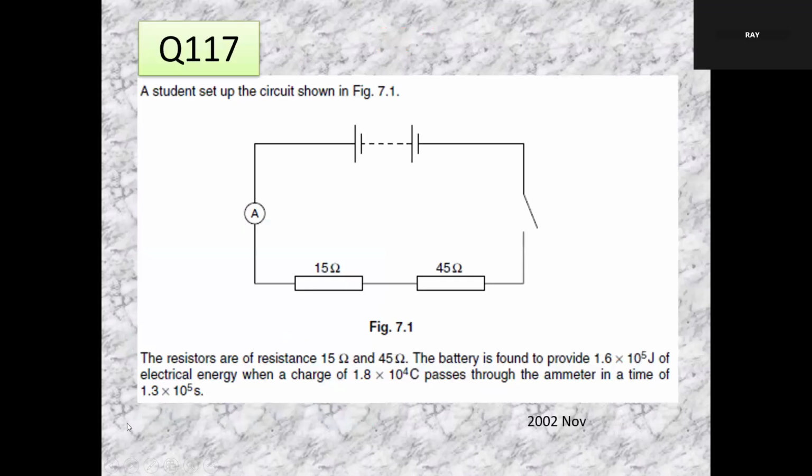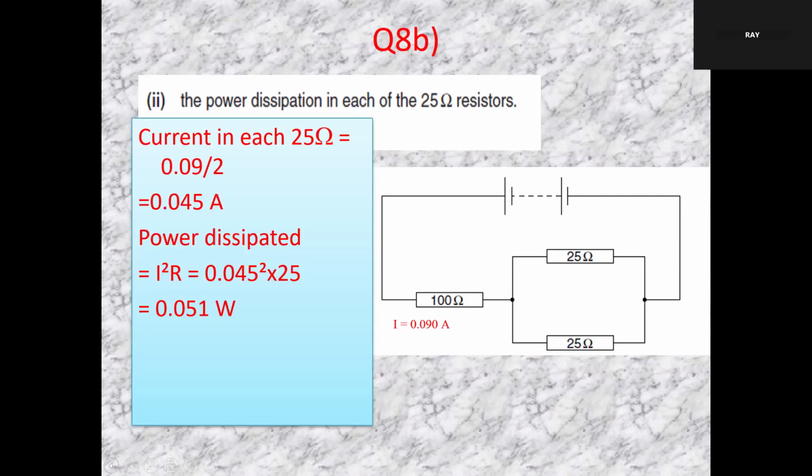Why are they the same? You want one of them only, not two of them. So you find the current through here, which is half of this one, because both of them are the same resistance. So both of the currents are the same. That's why we divide by 2.